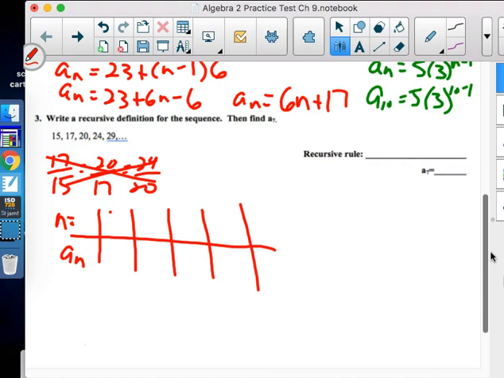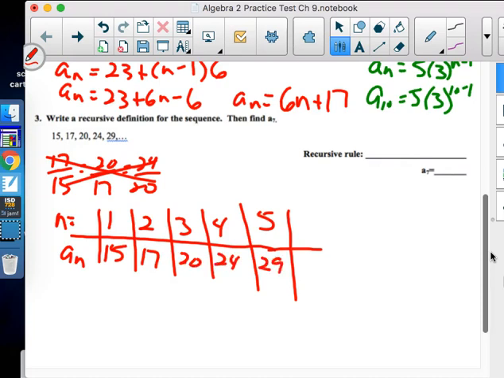So the first one, second one, third one, fourth one. Now it says recursive rule, so we have to tell them what to start with. What was the first term? 15.